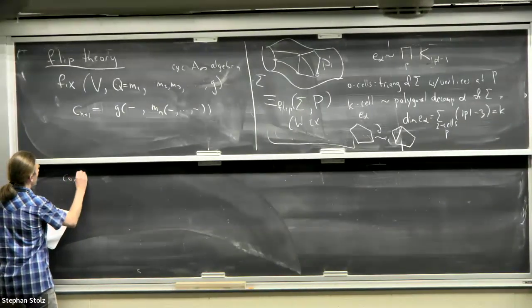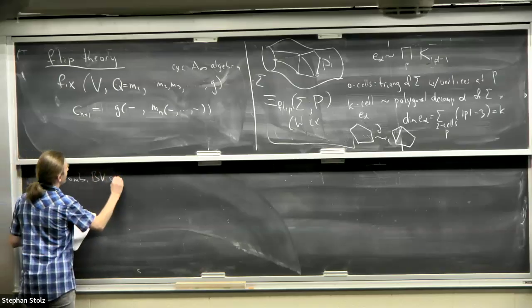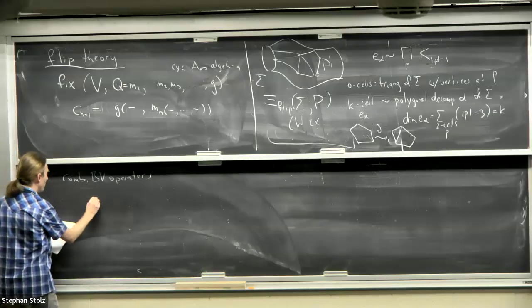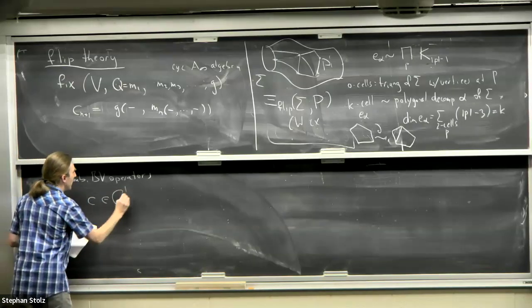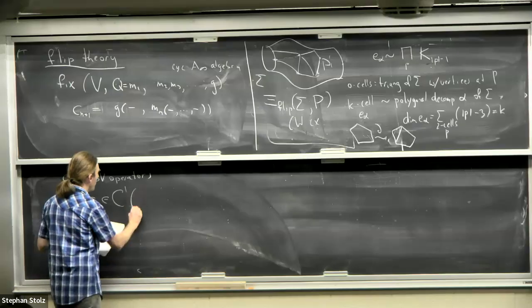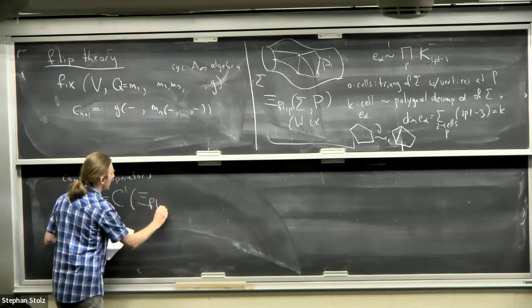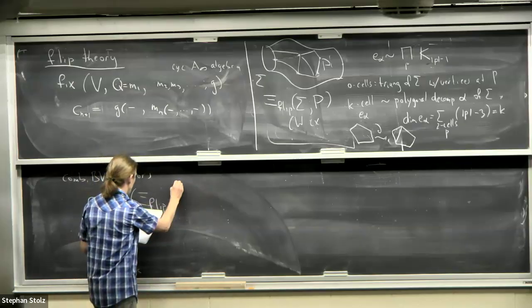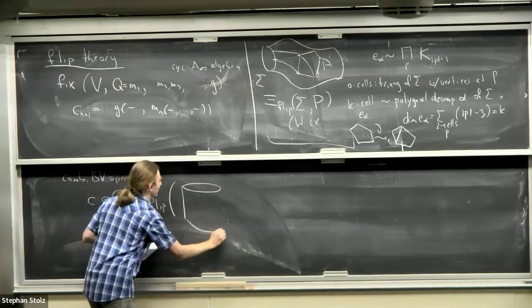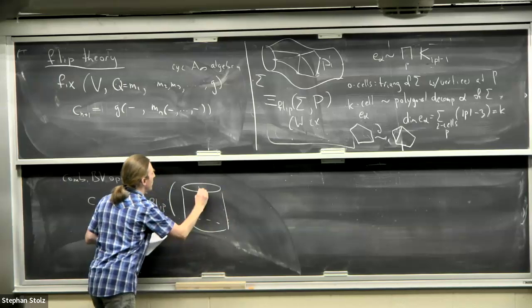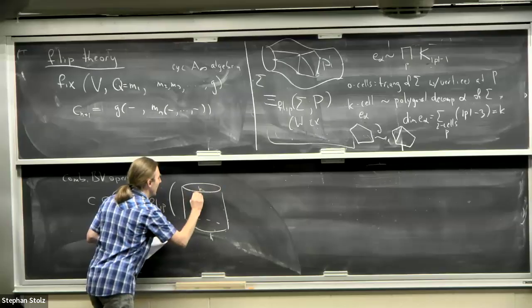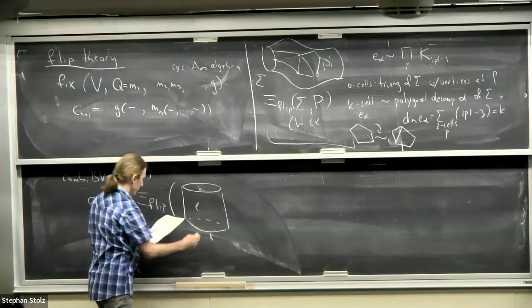So one has combinatorial BV operators. To define the combinatorial BV operator, you want to find a one-cochain in the flip complex of an annulus, or let me draw it as a cylinder, where I take the same number of points on each boundary and some number L of bulk points.